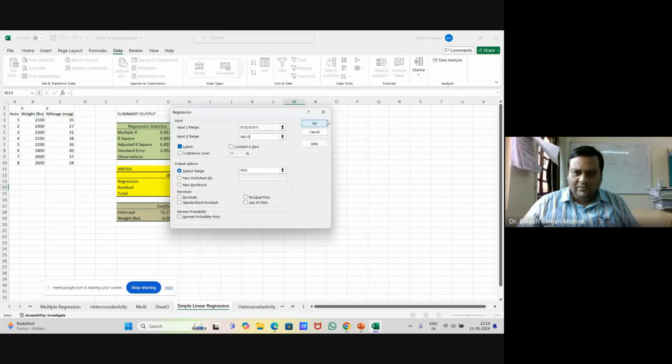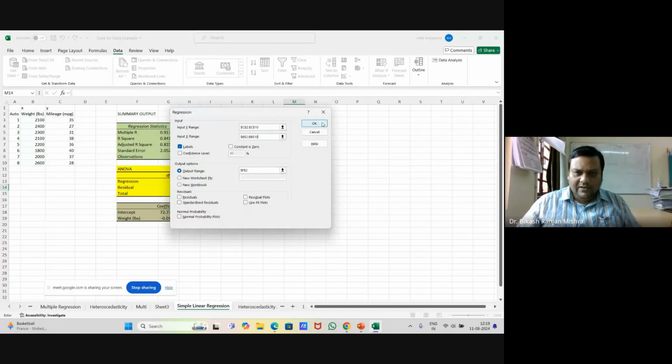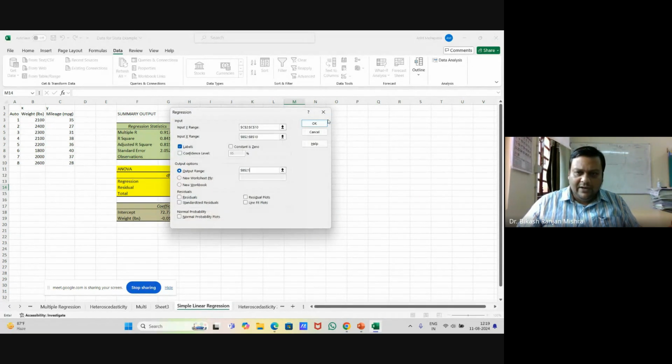Then the output range. Suppose this time I want to generate my output range somewhere here. I have selected this. Again, go back to this.